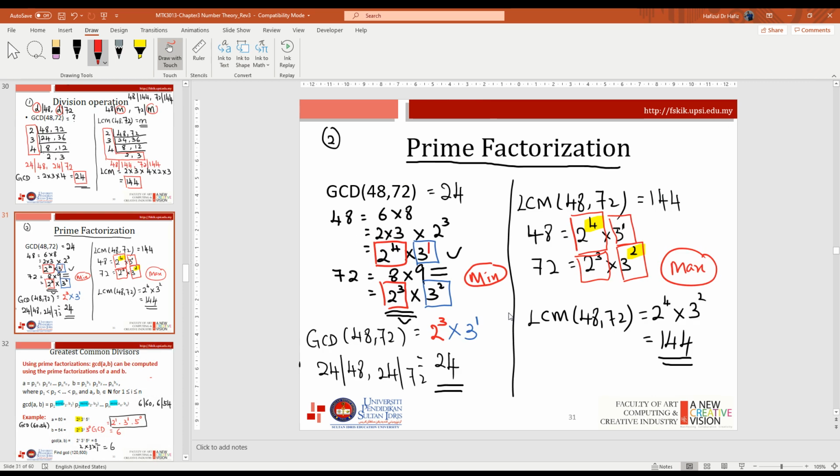Okay, and then for the prime factorization, number 2, we choose the minimum, and then for the LCM we choose the maximum. Okay, this one 2 power 4 multiplied by 3 power of 1, 2 multiplied by 3 multiplied by 3 power of 2. Okay, this one for GCD.